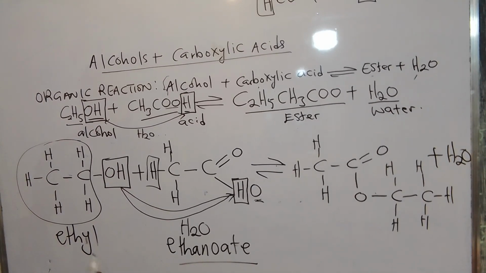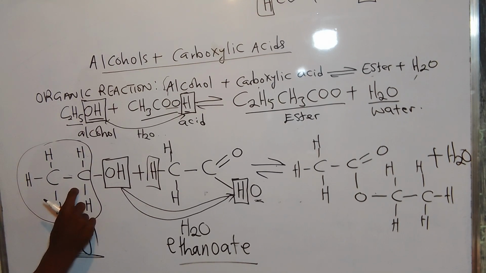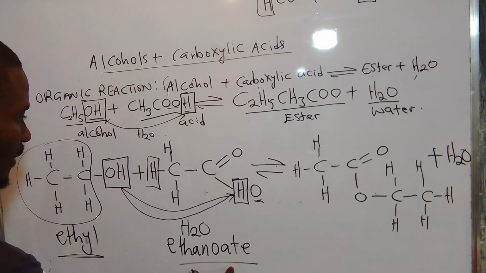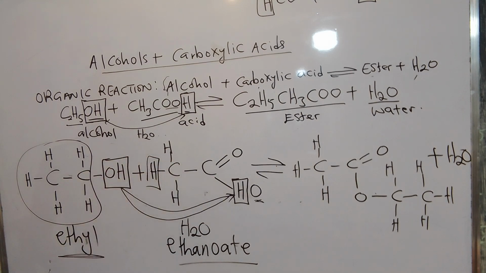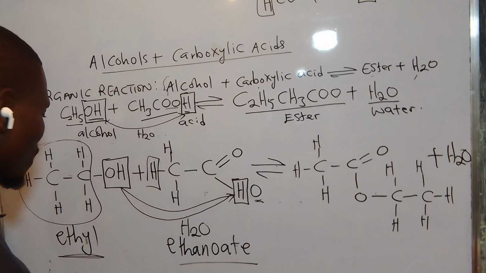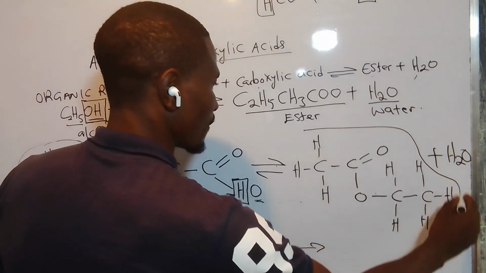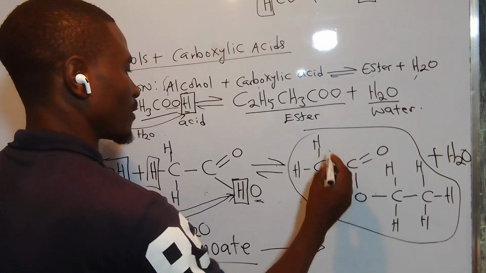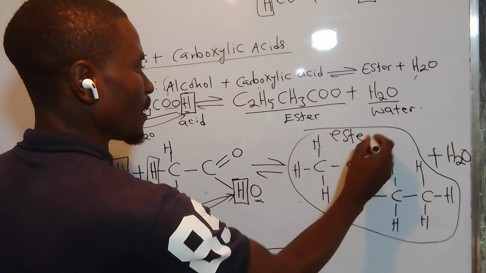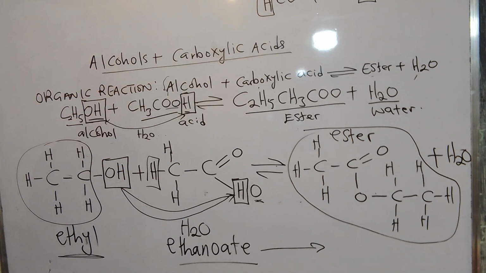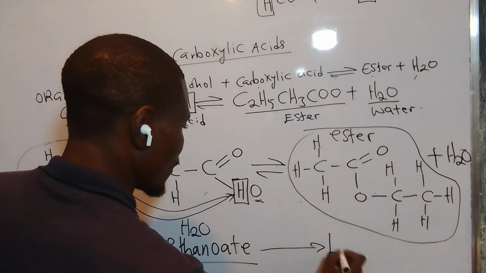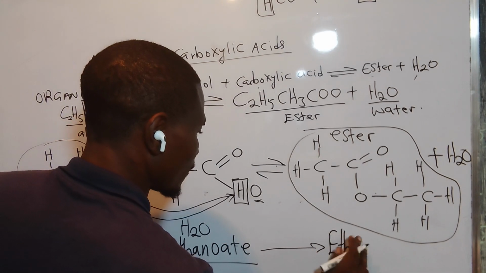So this is going to be an ethyl derived from the alcohol, and then ethanoate derived from the acid. So altogether, the name of this product, which is an ester, is going to be ethyl ethanoate.